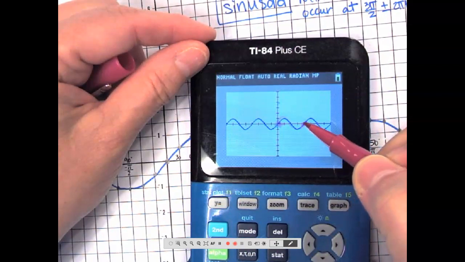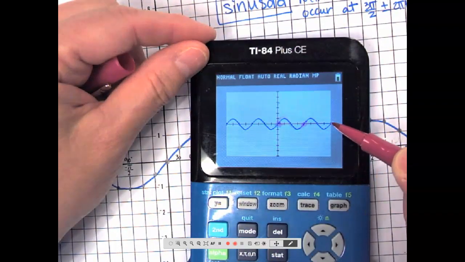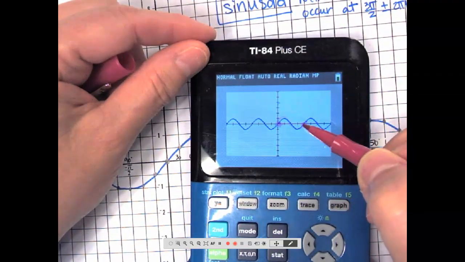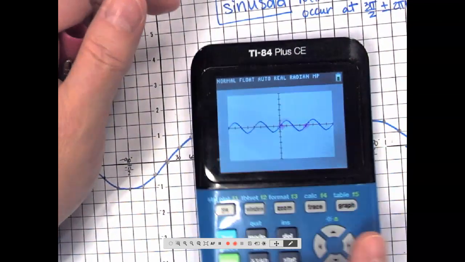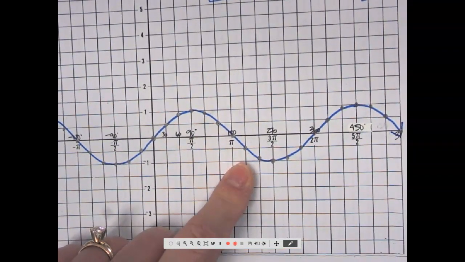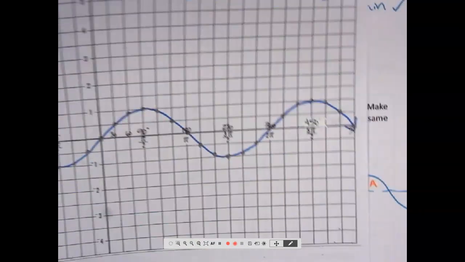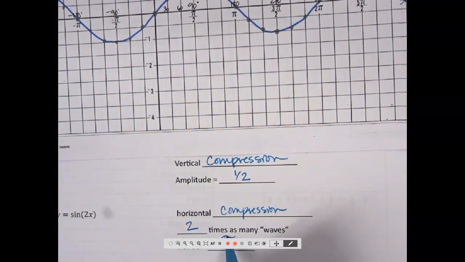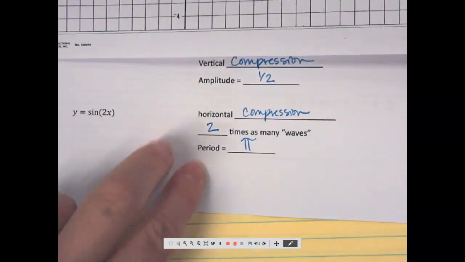How far is that if this whole window's 2 pi over here? 1 pi. So that means that a full curve occurs every pi radians as opposed to every 2 pi radians like the plain old sine curve. Okay, so the period has changed and now it is pi instead of 2 pi.